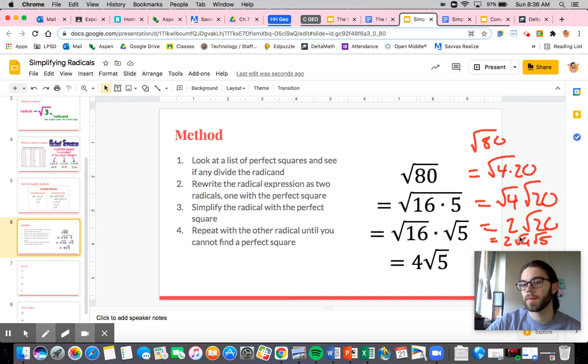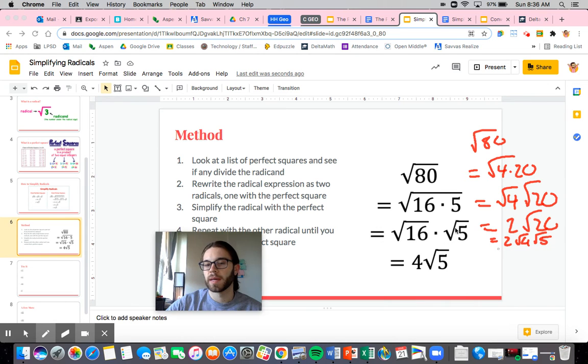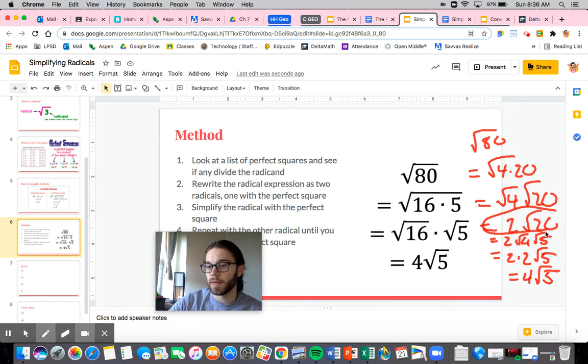Because 4 times 5 is 20. So then, let me move my head. That would be ultimately equal to 2 times 2 root 5, which is 4 root 5. And that's all I mean by this last step, right? We got to this point, but 20 you can still keep simplifying. So you would go through the process again.